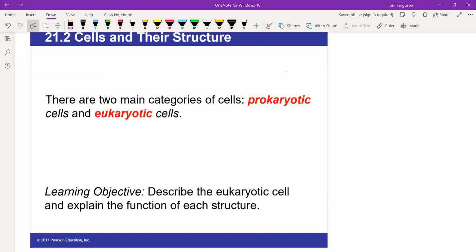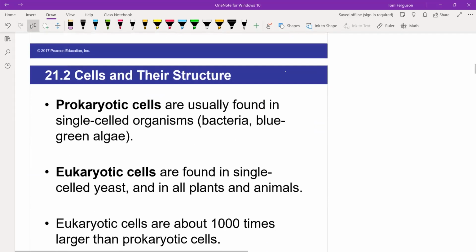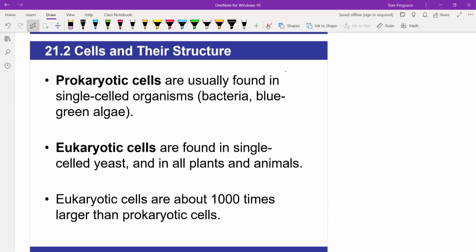Everyone, as a big-time review, the difference between these types of cells. Eukaryotic cells are much more efficient also at creating energy than these guys.